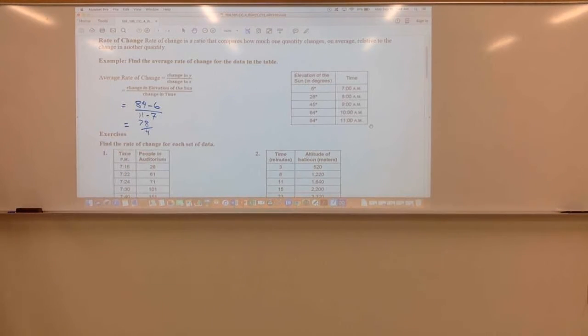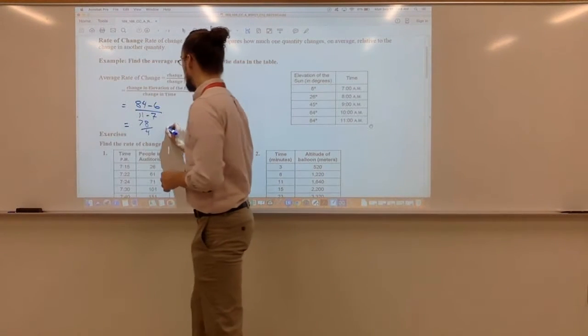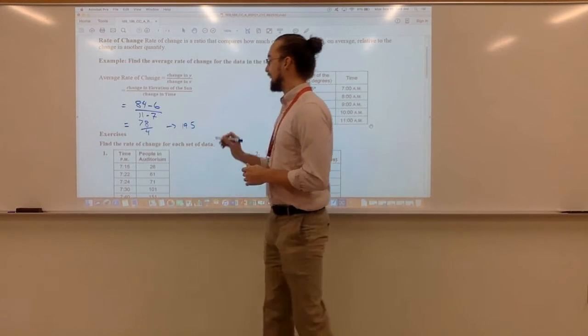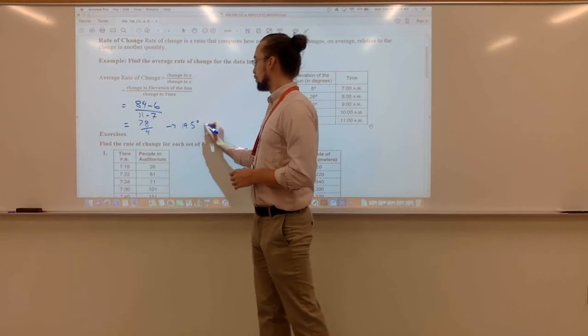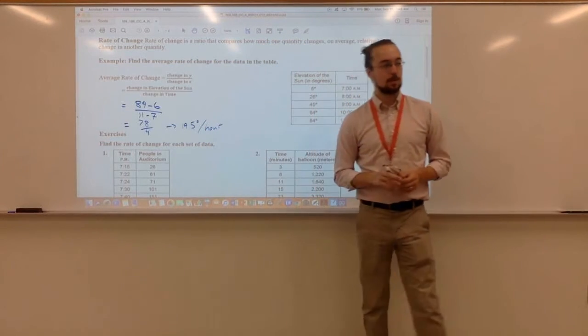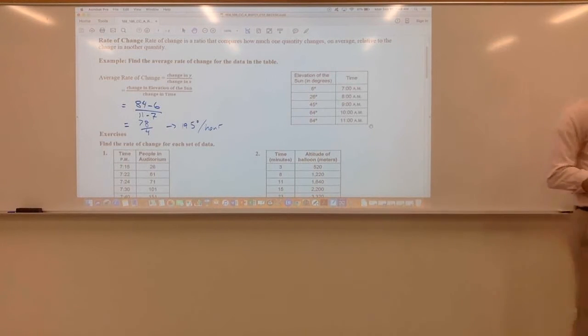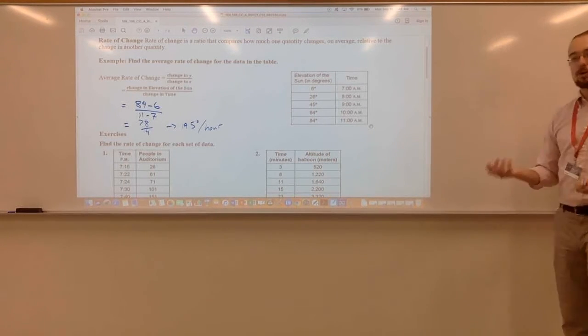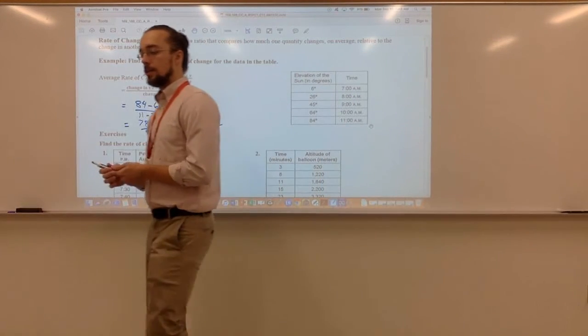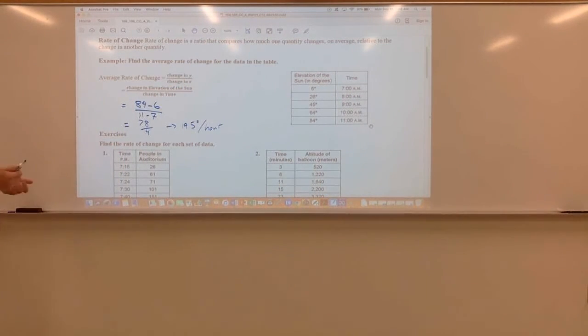If you have a calculator, what is 78 divided by 4? 19.5. So what I can say is my rate of change here is 19.5 degrees per hour. That's what we're approximating, the average rate of change.